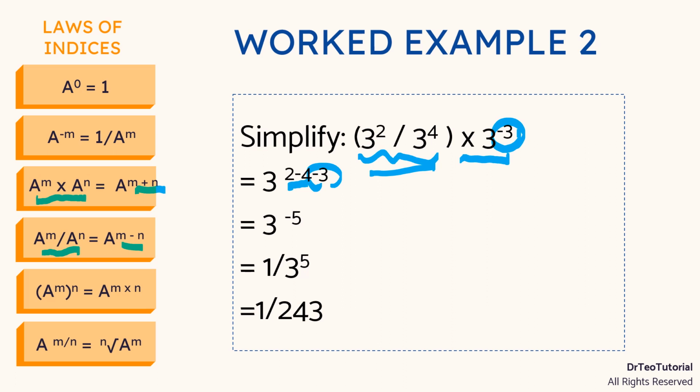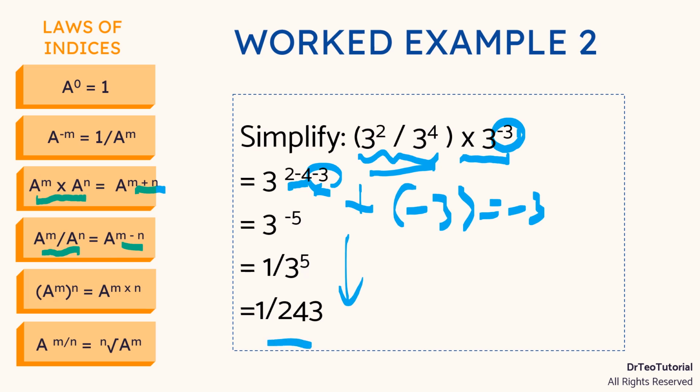Because it is minus 3, plus minus 3 gives you minus 3 over here. Solve it, and you'll eventually get the answer 1 over 243.